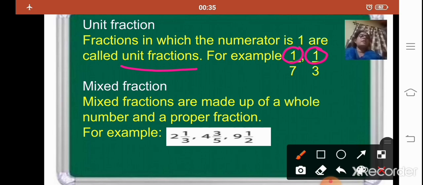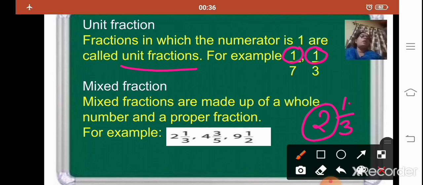And what are mixed fractions? Mixed fractions are made of a whole number and a proper fraction. When I write the fraction as 2, 1 upon 3, this number 2 is called a whole number and 1 upon 3 is a proper fraction. Why proper fraction? Because here the numerator is less than the denominator.